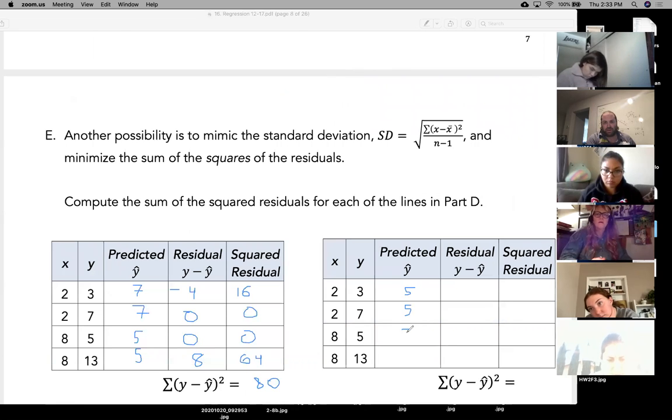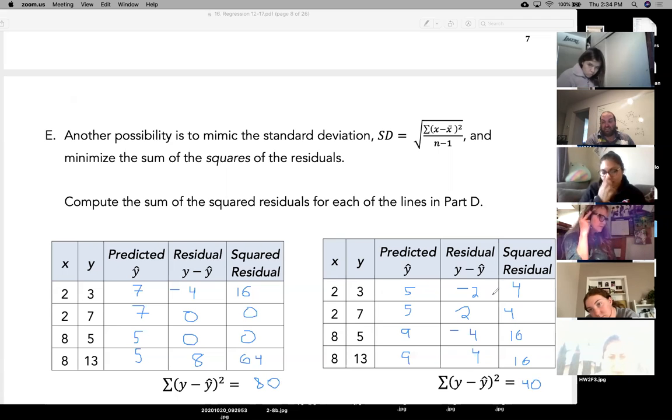So -2, whose square is 4, +2, whose square is 4, -4, whose square is 16, and +4, whose square is 16. And when I add them, what do I get? I get 40, which is a much smaller number than this one.